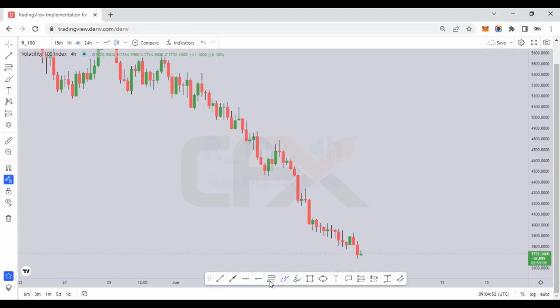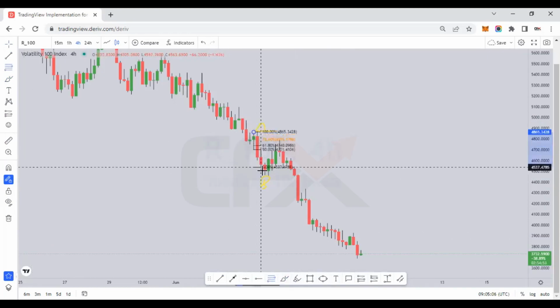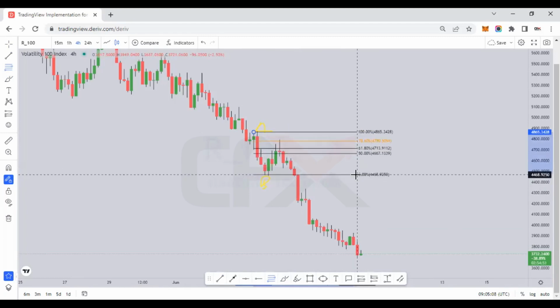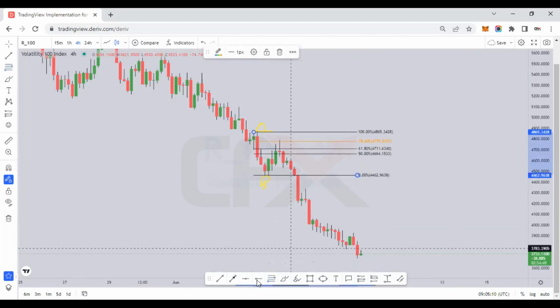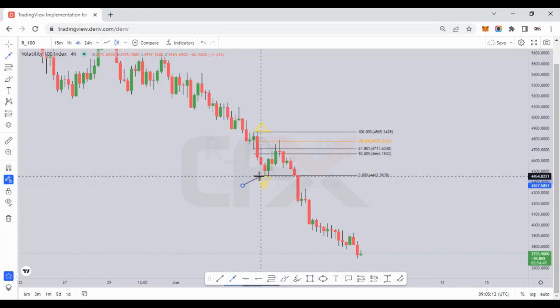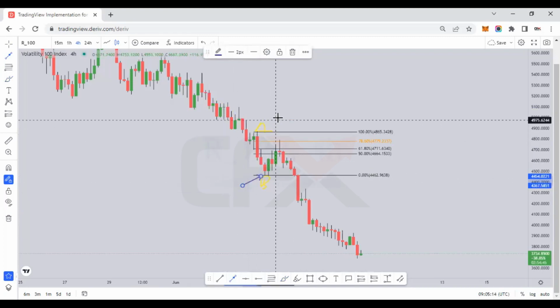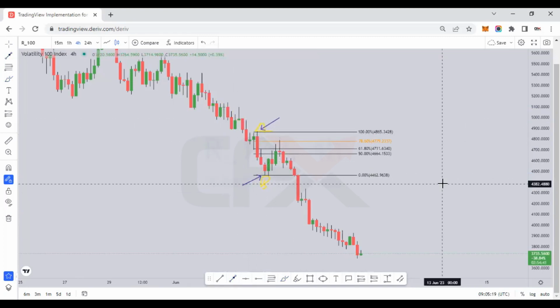So starting from the last one, this is point A, this is point B. So we draw our Fibonacci from this point, we extend it down all the way to this point. Notice how I am putting it on the wick.